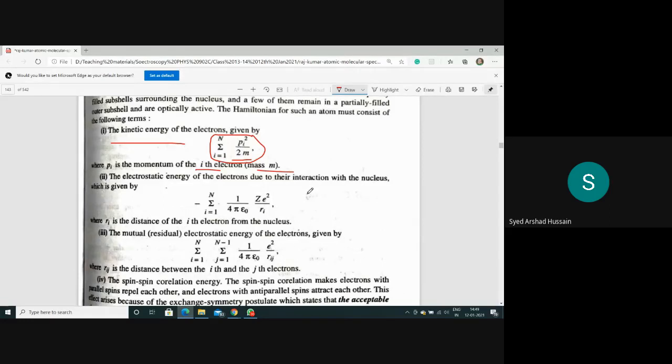Similarly, the electrostatic energy or potential energy. This is regarding the unit system, so we are not concerned about this part. It depends on the unit systems, so don't worry about these issues. So you have to calculate the potential energy for all of your N electrons.